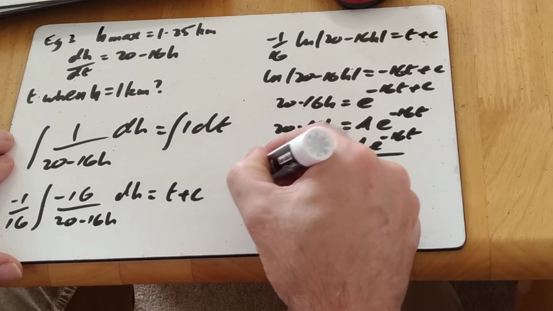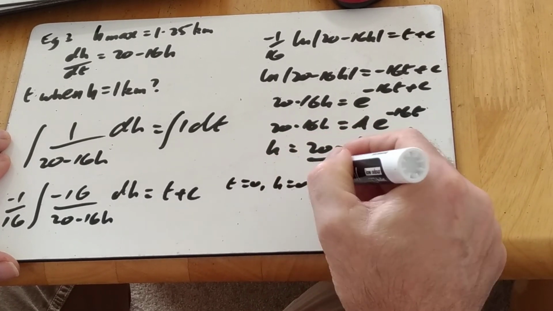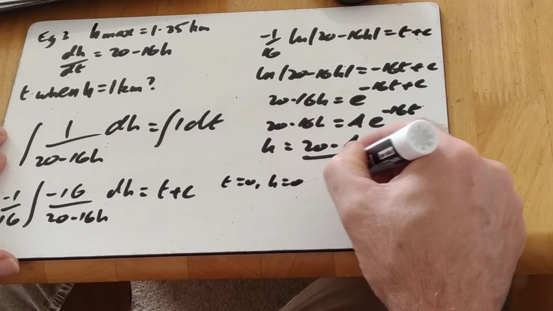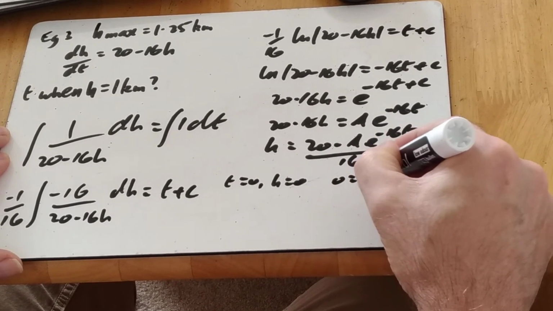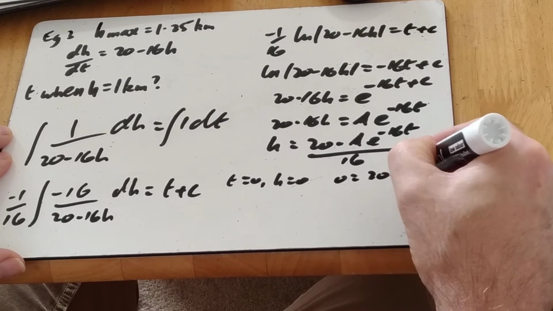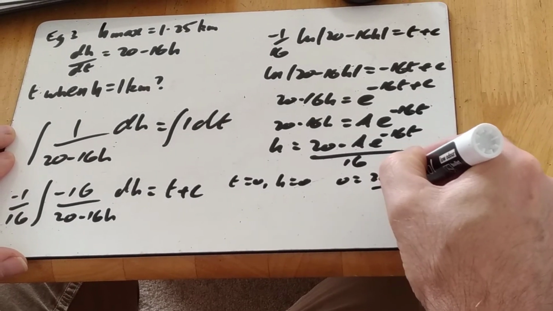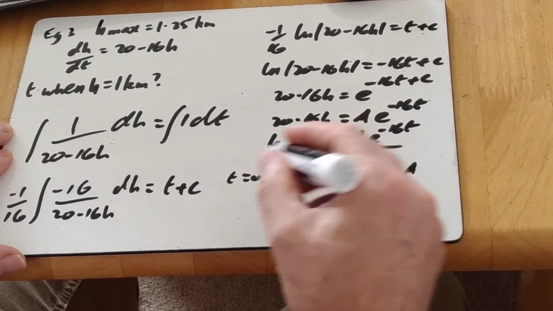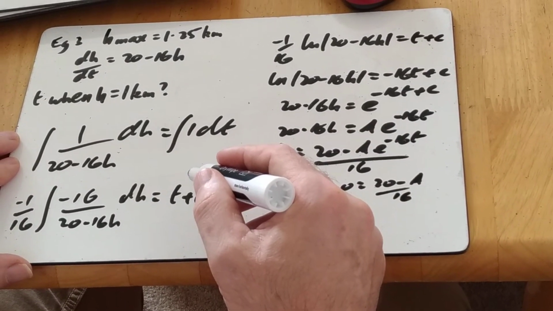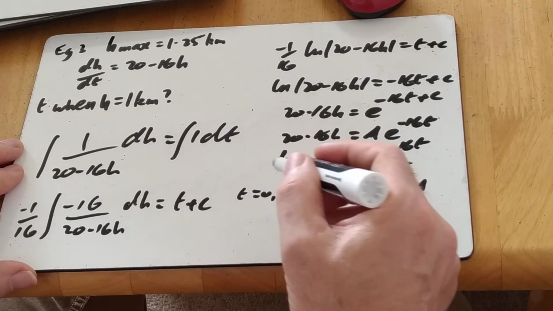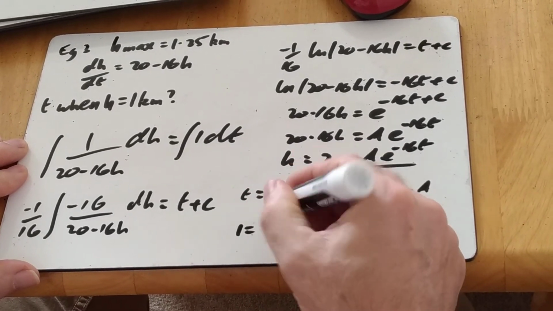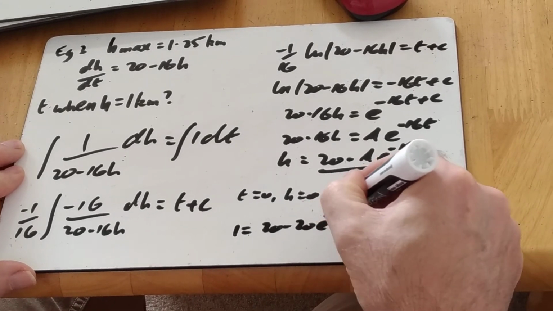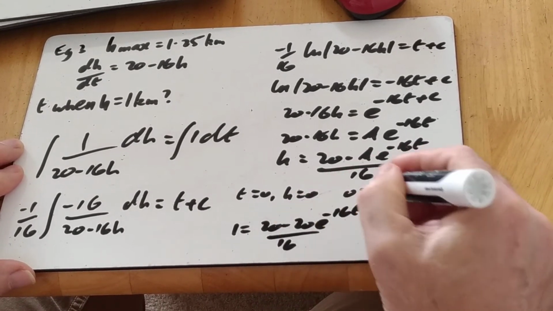So t is 0, h is 0 because I'm starting at the bottom, and I get 0 equals 20 minus a over 16, so a equals 20. And then all I have to do to find the answer is solve it for h is equal to 1. So I'm solving 1 equals 20 minus 20 e to the minus 16t all over 16.